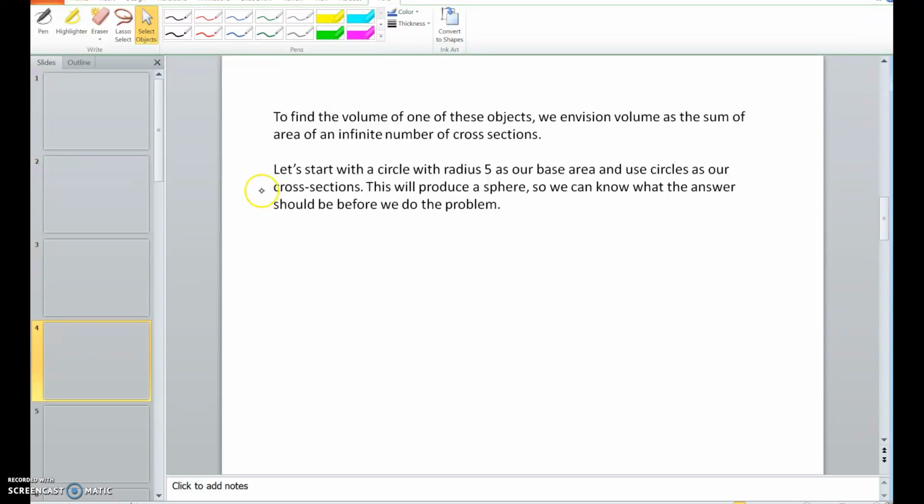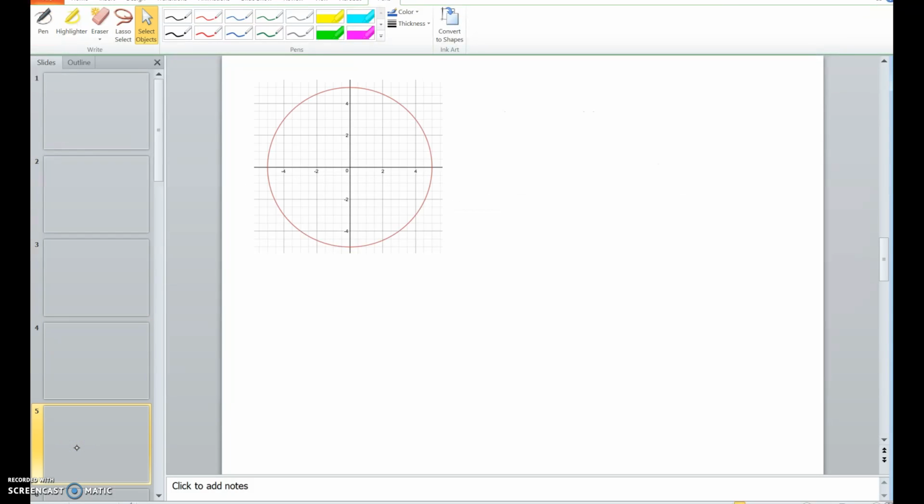So let's take a look. We're going to start off with an example where we are using a base area that is a circle with a radius of 5, and we're going to use circular cross sections. So this should end up producing a sphere, right? So there's our base area. If we use circular cross sections and we build them across like this, we're going to end up getting a sphere.